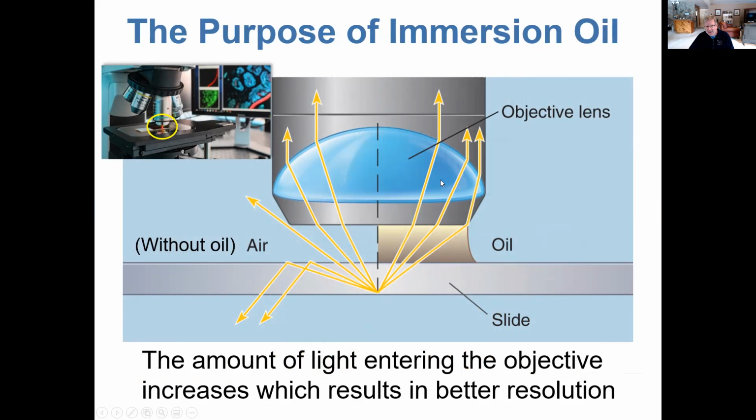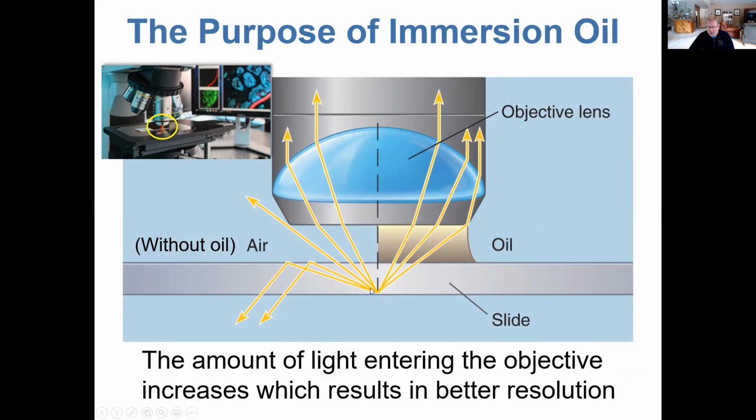As we zoom in then to the center of the slide, here is the oil immersion objective. Here's our slide. And this is kind of comparing and contrasting what happens to the light that comes from the lower light source. The bottom of the microscope, you've got that lamp, right, that you can regulate the intensity with by turning that dial.